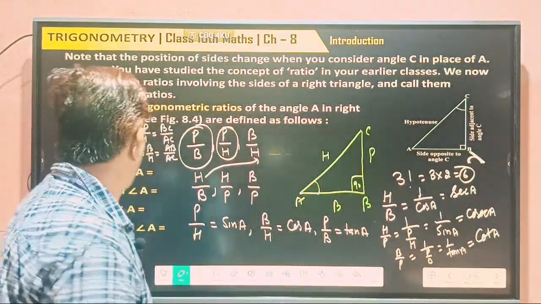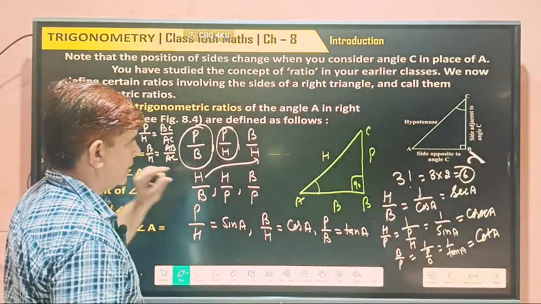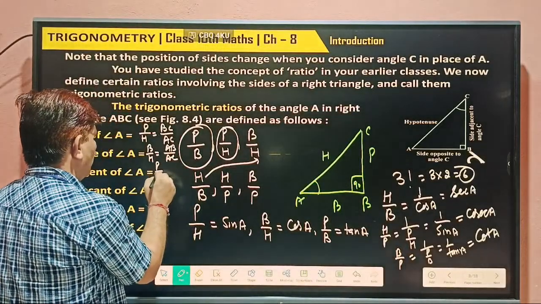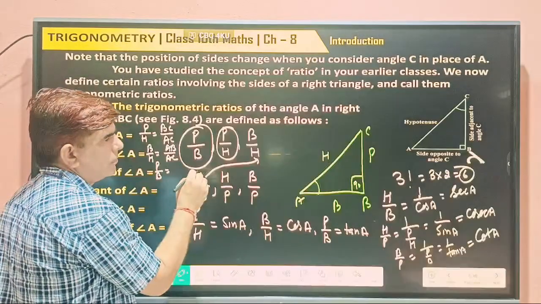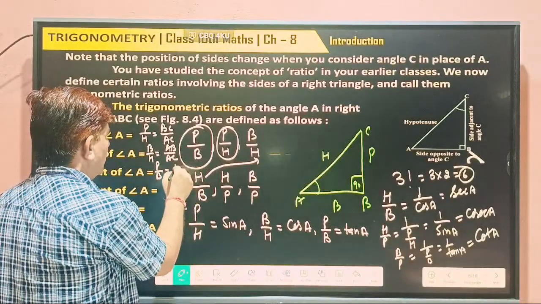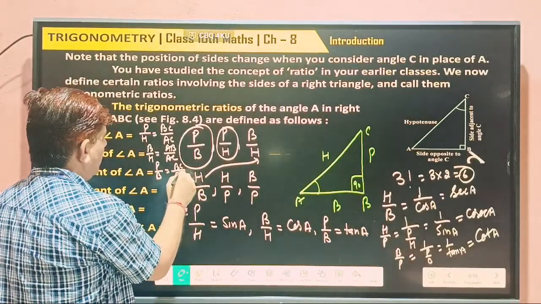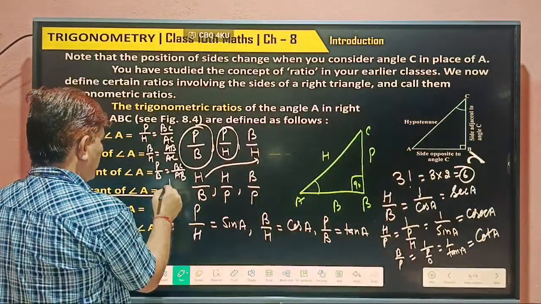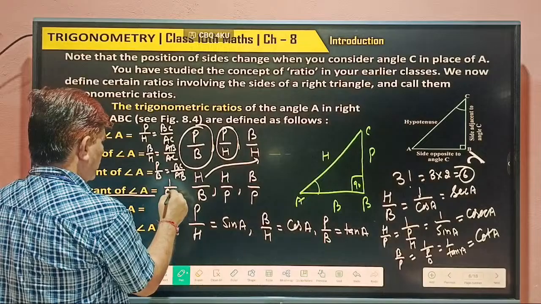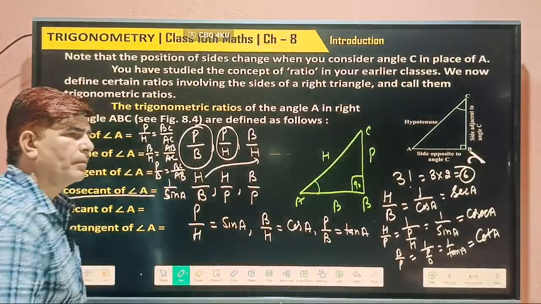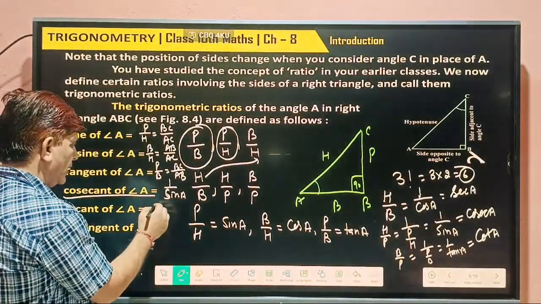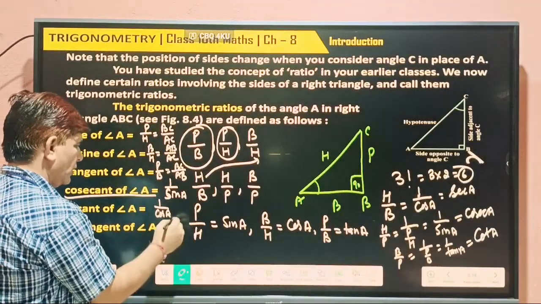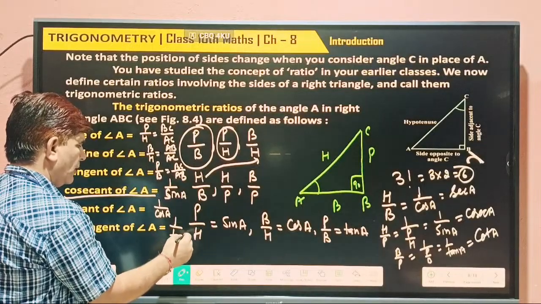Tangent of A, P by B, is BC by AB. Cosecant of A is 1 by sin A. Secant is 1 by cos A. Cotangent is 1 by tangent.